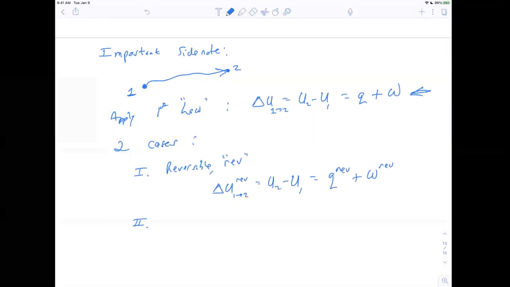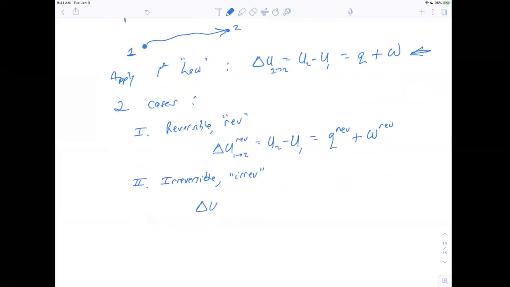The other process now, obviously, is going to be irreversible, which I'll label as IRREV, whatever, you got it. So delta U irreversible to go from 1 to 2, which is still U2 minus U1, because at the endpoints, it doesn't matter what the process is. So it's still U2 minus U1, the delta U, whether it's irreversible or reversible. But now what we're going to have is Q irreversible plus W irreversible.